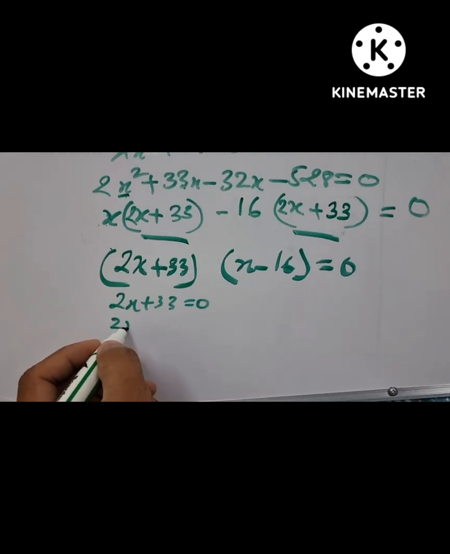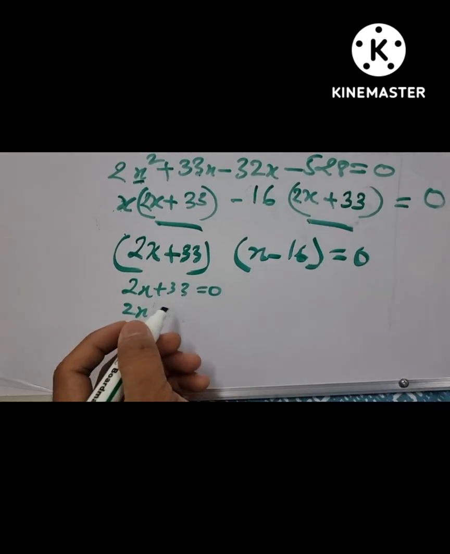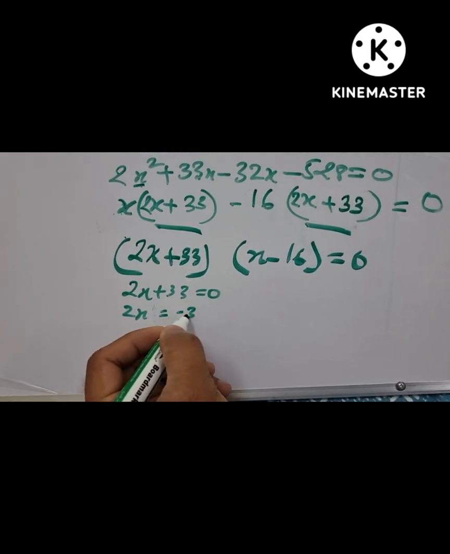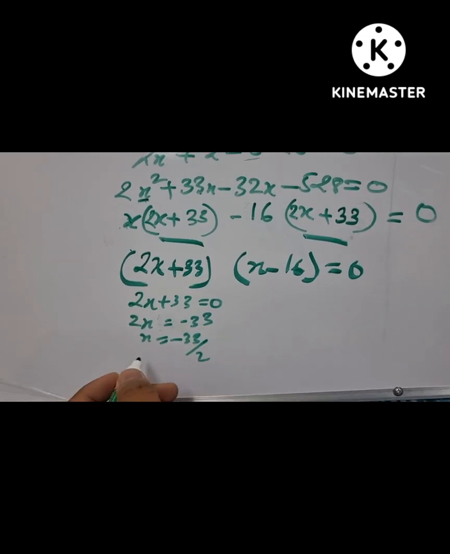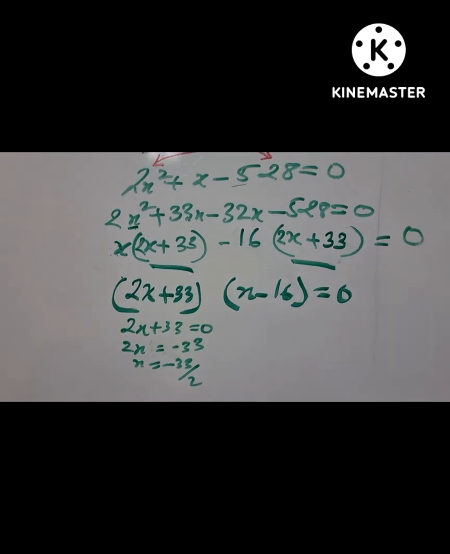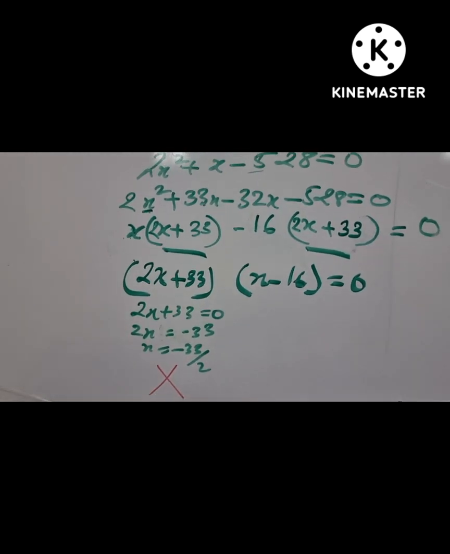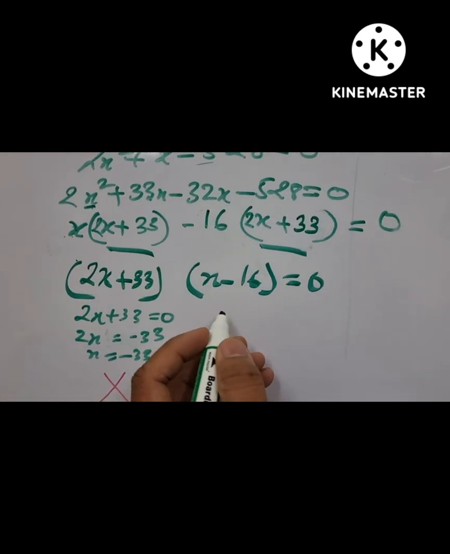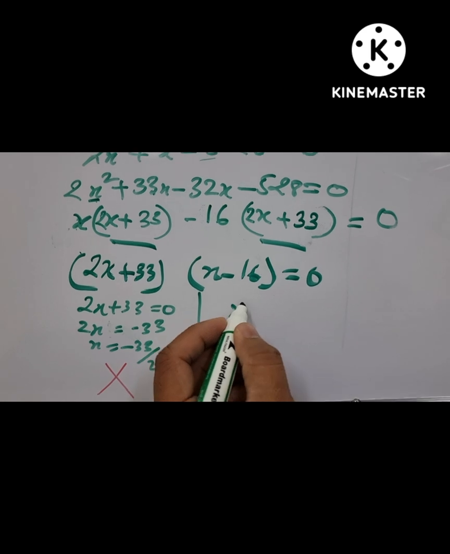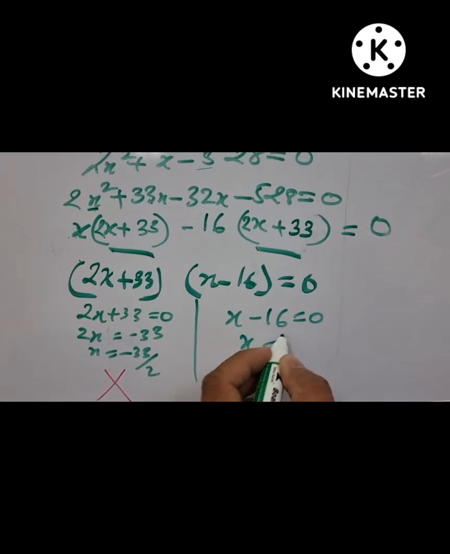So in this case 2x will be equal to negative 33, x equals negative 33 over 2. This is not possible. Why? Because length cannot be negative. Okay, so we will not consider this value. Now let's say the second option is x minus 16 equals 0. So x equals 16.